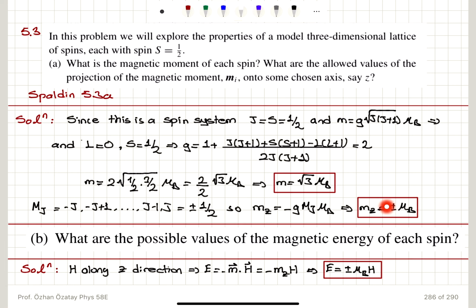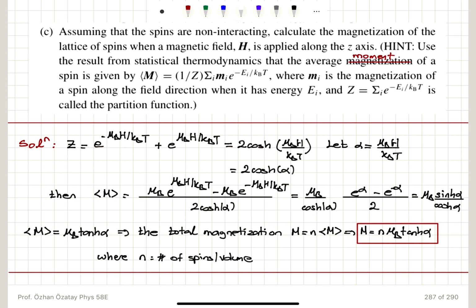The only possible values of the z component of the magnetic moment are plus or minus a Bohr magneton. When you place a plus Bohr magneton magnetic moment in a magnetic field H pointing along the z direction, since they're in the same direction, you would get minus mu_B H, or if you put minus mu_B, you will get plus mu_B H. So plus or minus mu_B H energies are the possible magnetic energies for each spin.